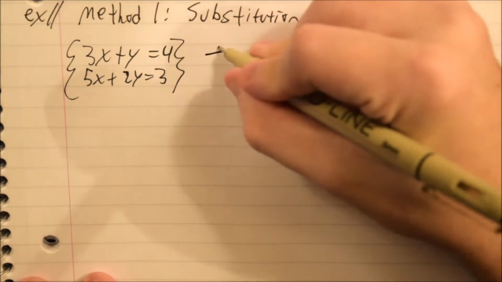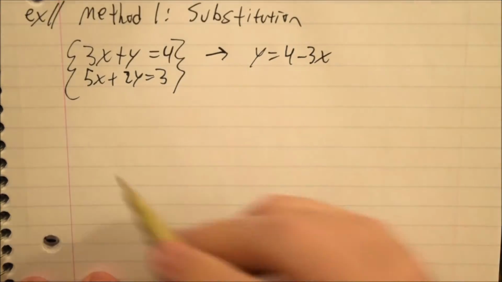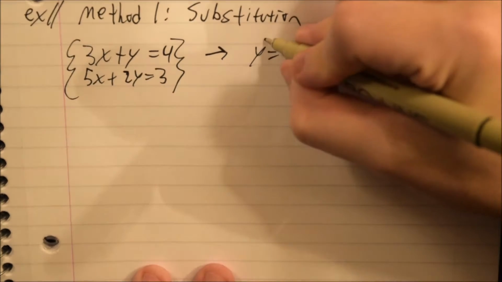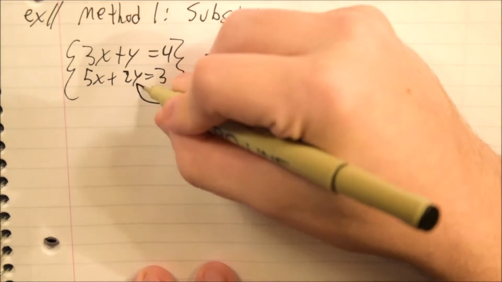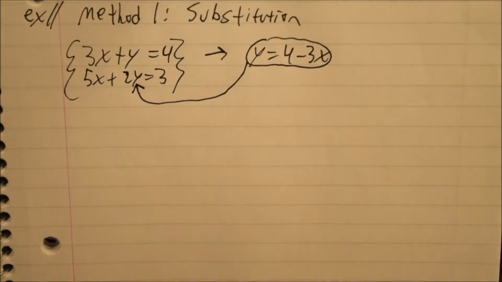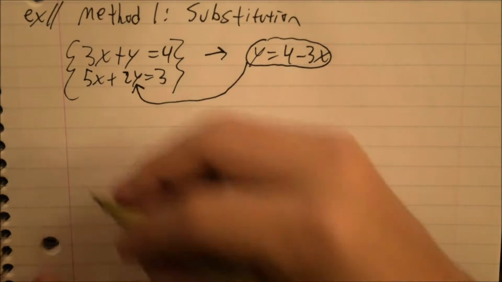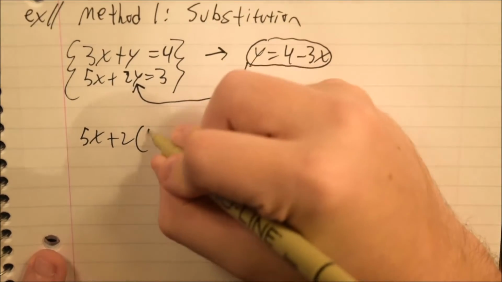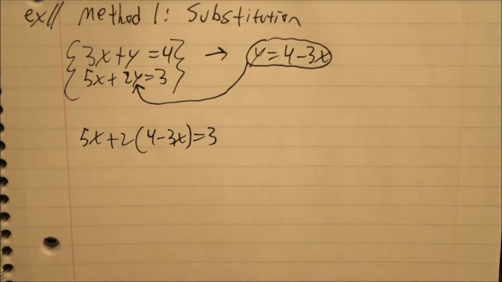I can solve for y, and this gives me that y is 4 minus 3x if I subtract 3x from both sides. Now I'm going to take this y and shove it into my second equation. I replace this y with 4 minus 3x, and that gives me 5x plus 2 times (4 minus 3x) equals 3.